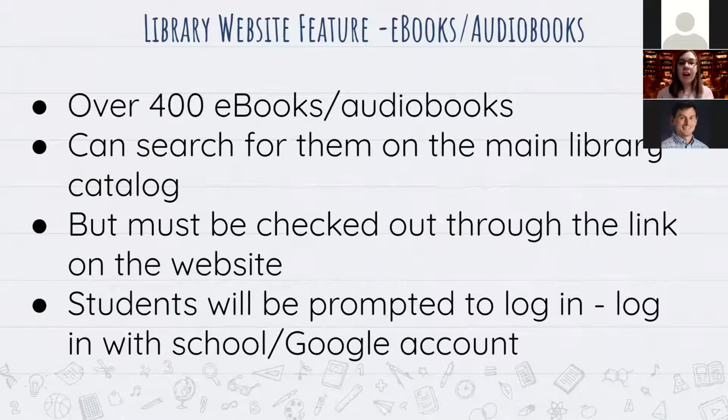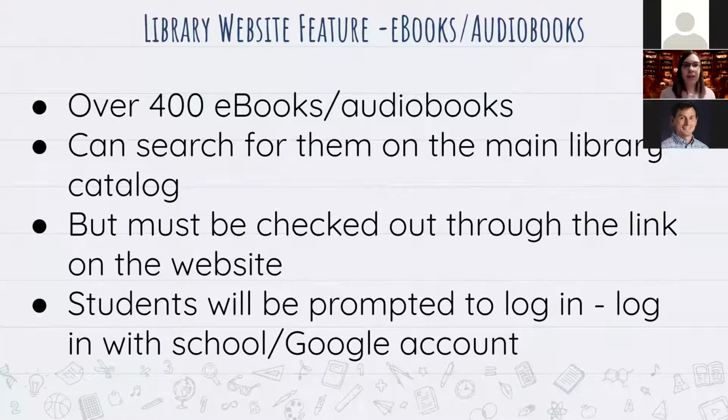So in order to find these, there are a couple different ways. You can go to the library catalog that I showed you. You click that little computer there on the website, and you can just search for them. But the only way to actually check out an ebook or an audiobook is through that link on the website that I showed you that had the little symbol of the headphones and the book. You actually have to click that, and it will prompt you to log in, and you have to log in with your school.